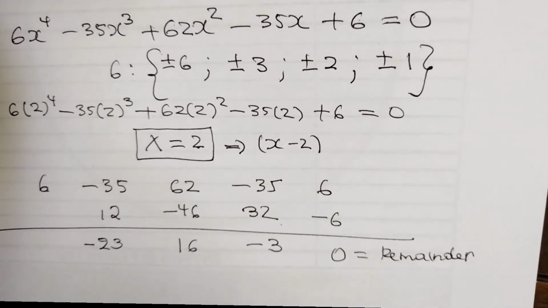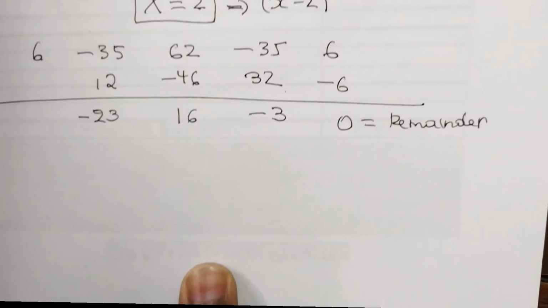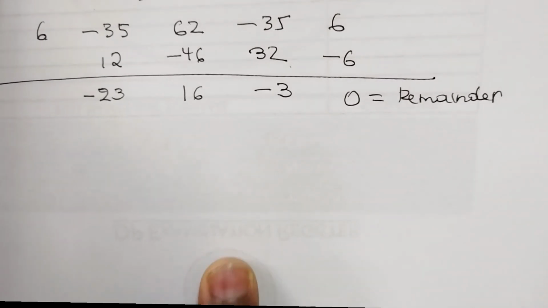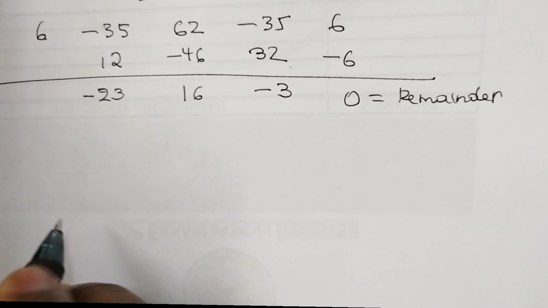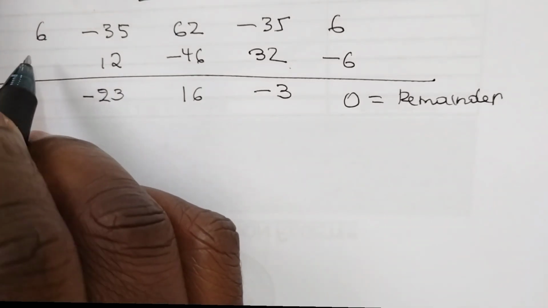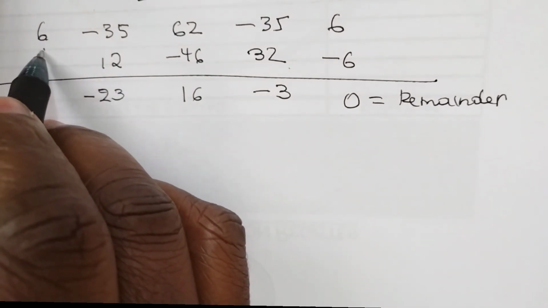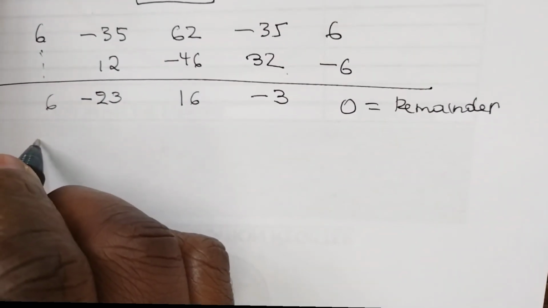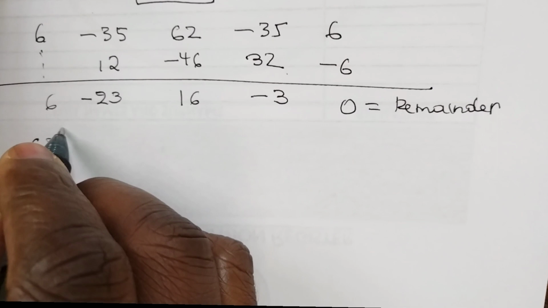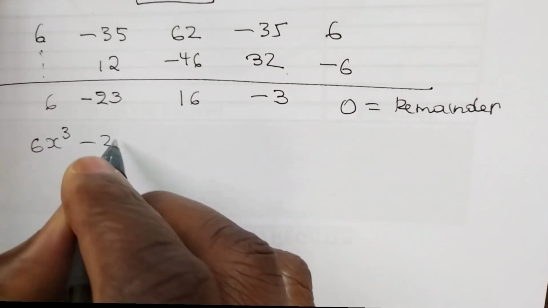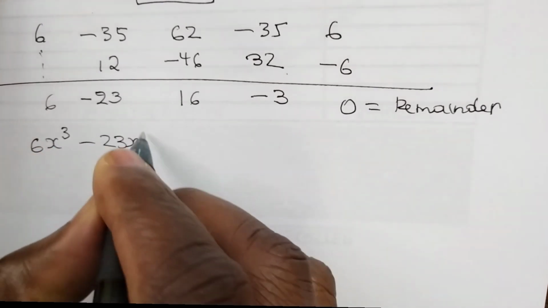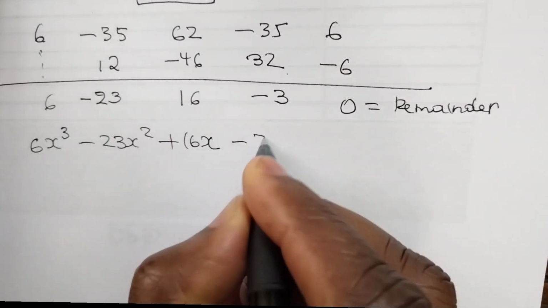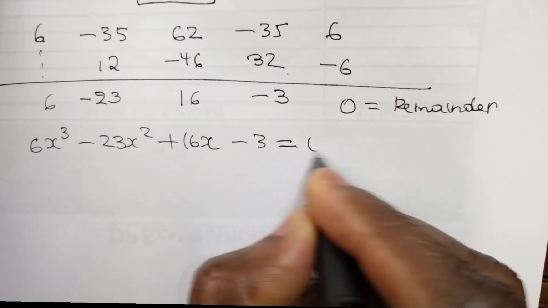Now, I have managed to reduce the quintic equation into a cubic equation, and this cubic equation will be written like this. I'll bring down 6. So the equation will be 6x to the power of 3 minus 23x squared plus 16x minus 3 equal to our remainder 0.